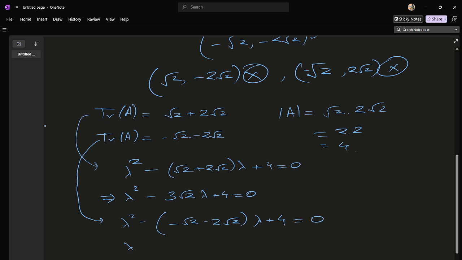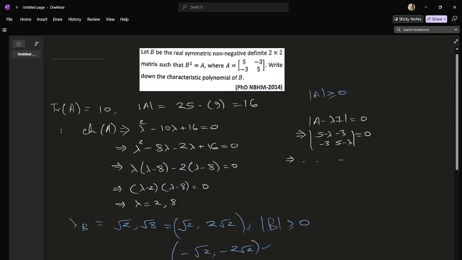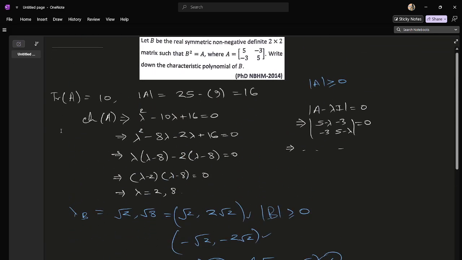Then what will happen? Then our equation is lambda square plus 3 root 2 lambda plus 4 equal to 0. These two will be the characteristic equations we get from this.